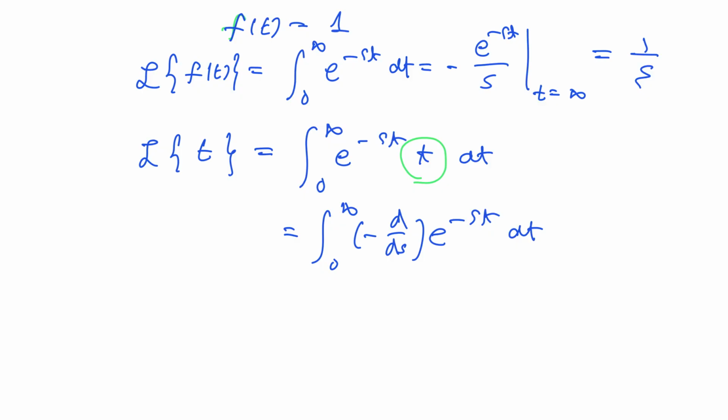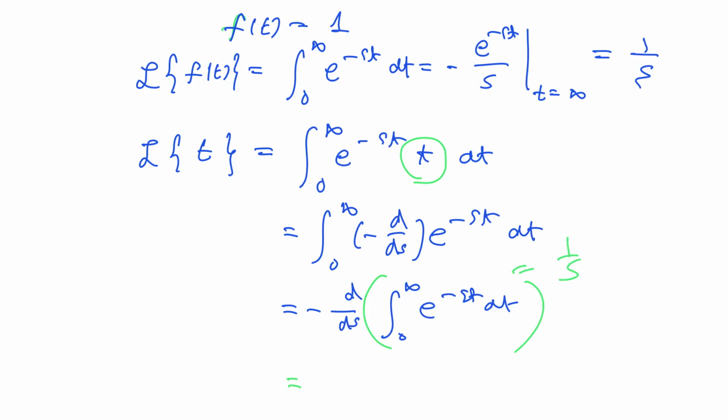And integration is over t, but you differentiate by ds, so you can move this out. And this turns out to be 1 over s. So this is minus d/ds of 1 over s, which is 1 over s squared.